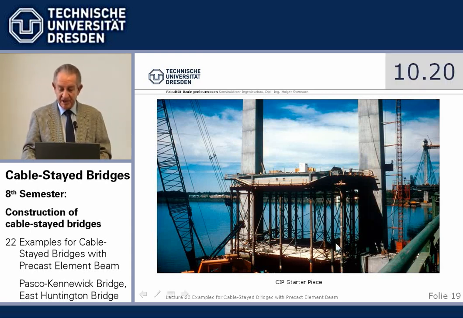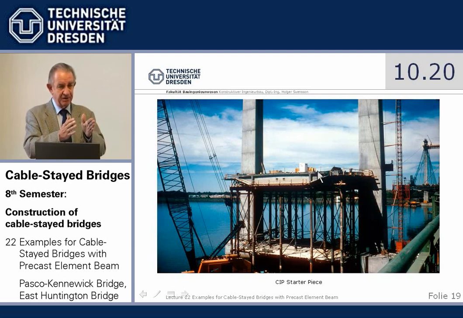So here we have then the starter piece of the beam, cast in place concrete. This is the first precast element, because from behind we have to cast against, but here we have to glue the first precast elements against. So you have to do an intermediate piece.